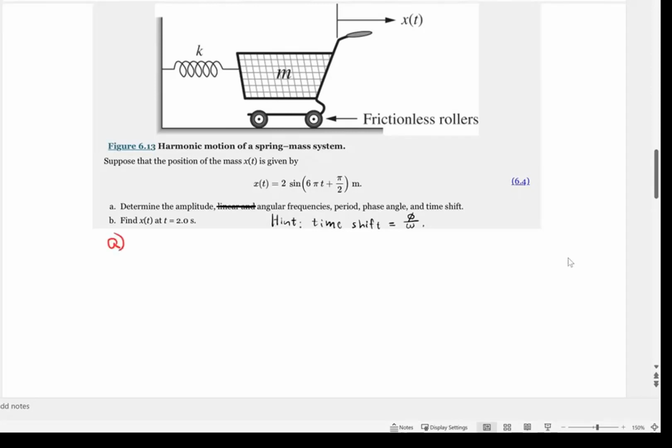So A, our amplitude here, is 2. That's our amplitude. I'll change colors for everything out of that. Our angular frequency, which is our omega, is equal to 6 pi.